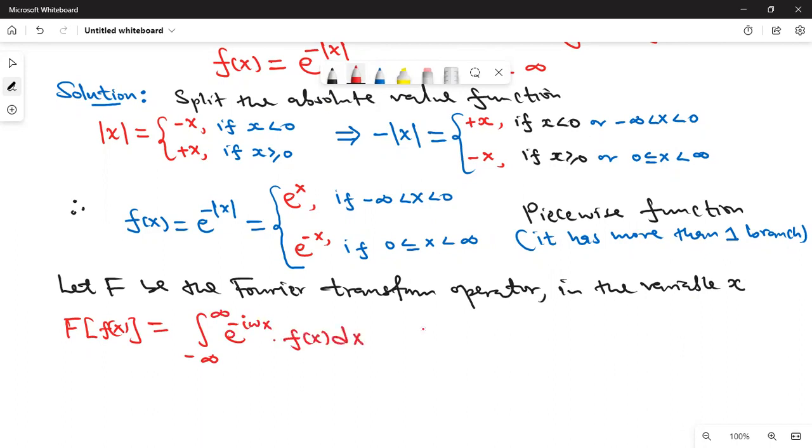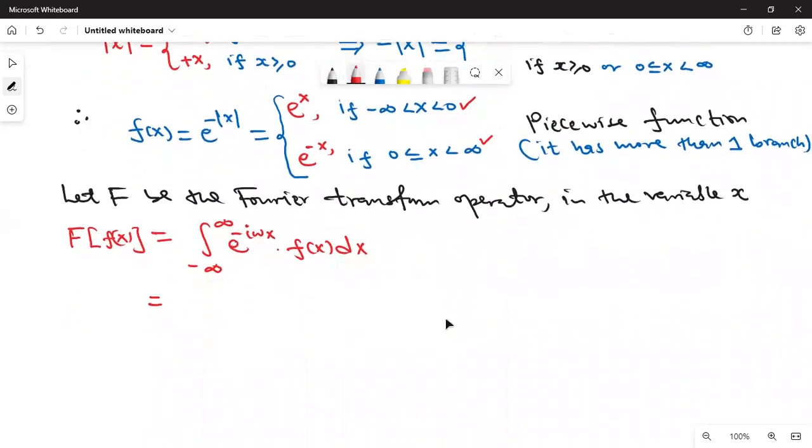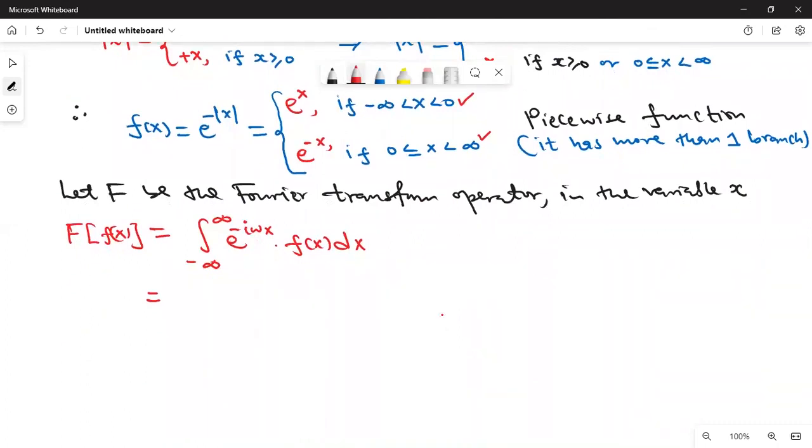You see this interval can be partitioned into two. We start from negative infinity to 0, and the other partition is from 0 to positive infinity. So the first part is the integral from negative infinity to 0 of exponential negative iota omega x f of x dx, and the other is the integral from 0 to infinity of exponential negative iota omega x f of x dx.